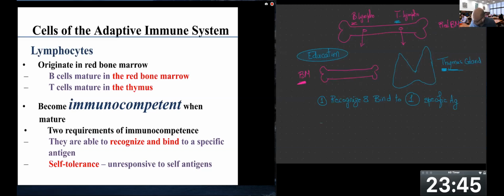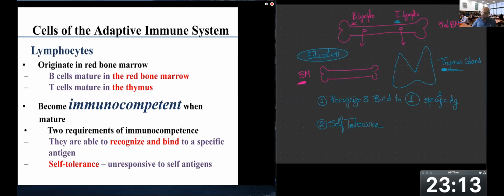Another thing that those cells need to learn is to become self-tolerant. I need to create self-tolerance. What I mean by self-tolerance is simply to tolerate myself: not attacking my own tissues, not destroying my own organs.